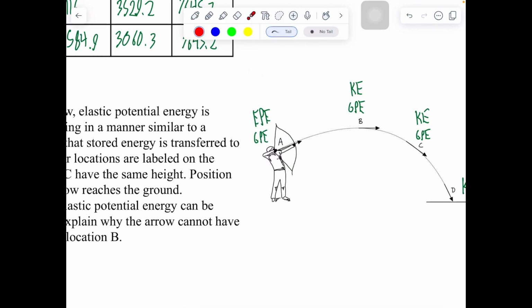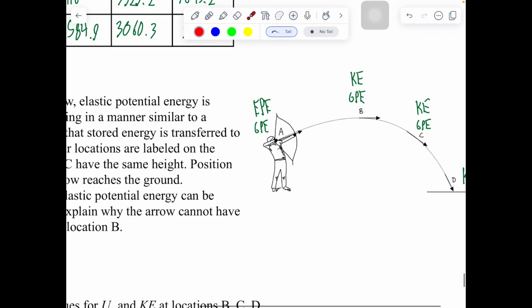Right when it is released, all of that elastic potential energy turns into kinetic energy. But then it gains height. When it gains height, it loses kinetic energy. So as it gains height, some of that 450 joules of elastic potential energy turned into GPE, some of it turned into KE.